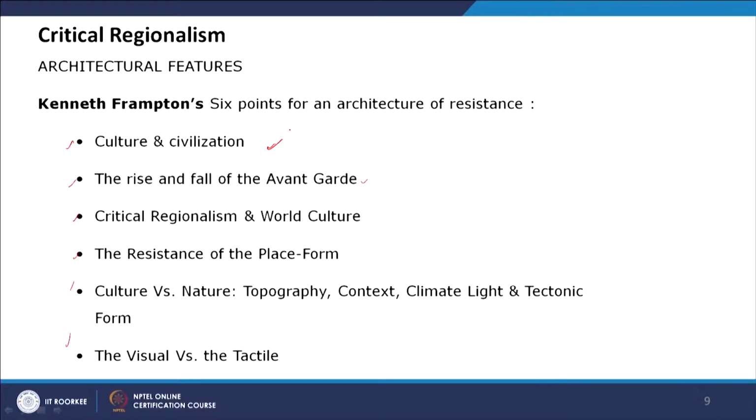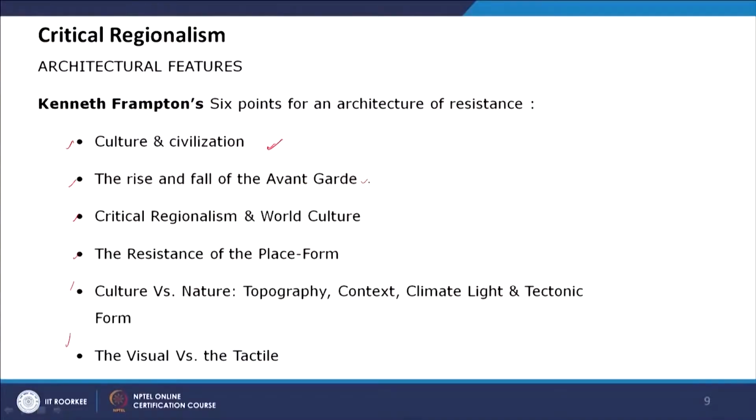In the first paragraph he is talking about culture and civilization, how culture and civilization started forming, and then the rise and fall of the avant-garde, which is part of the modern movement. So modern, Art Deco and Art Nouveau, how they started a radical movement, because avant-garde style was very radical and had a particular set of norms, and there were many avant-garde movements.